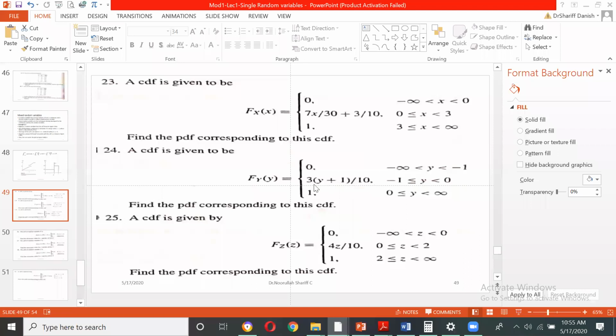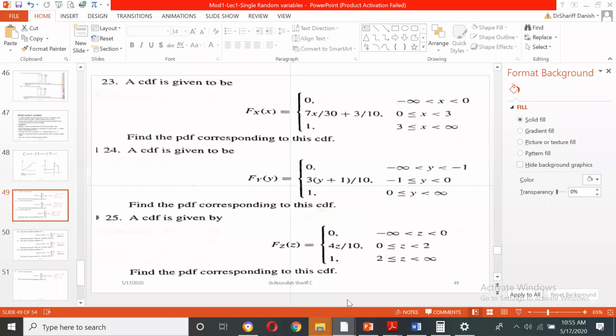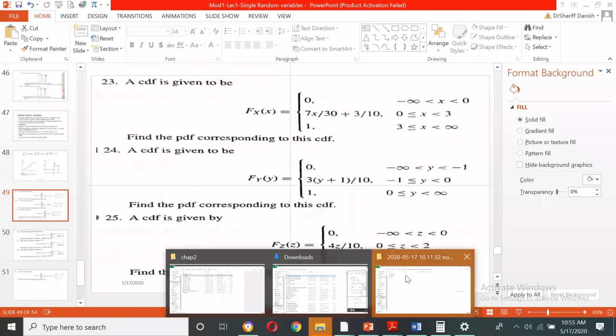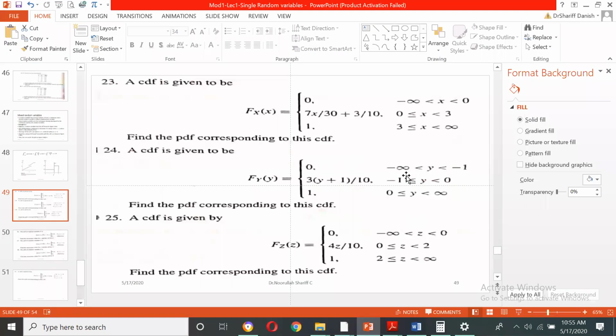With the line over here, you can just try to write it over here. So all these you can just try to plot, right? And you will get a little difference between this and this. Only, try to understand that this is between 0 and 3, whereas this is between minus 1 and 0.